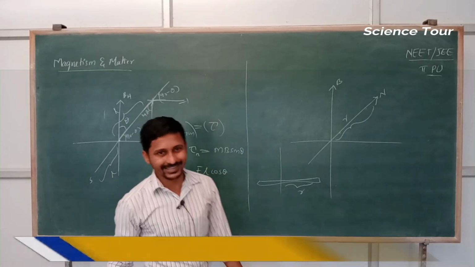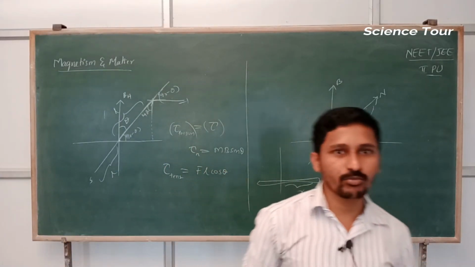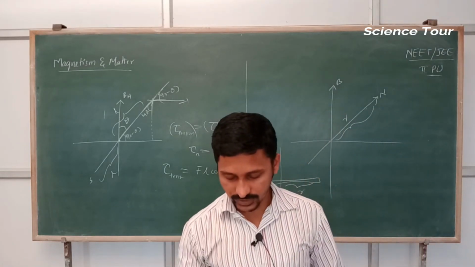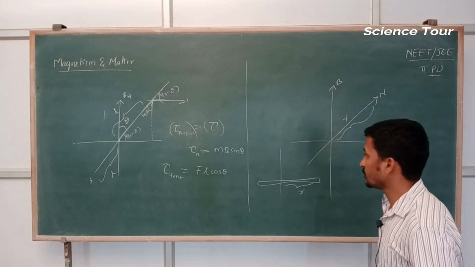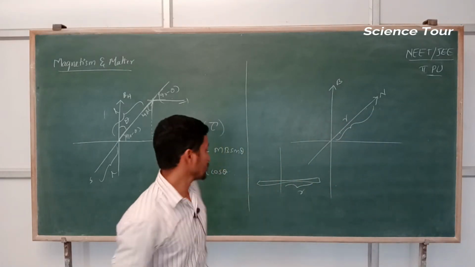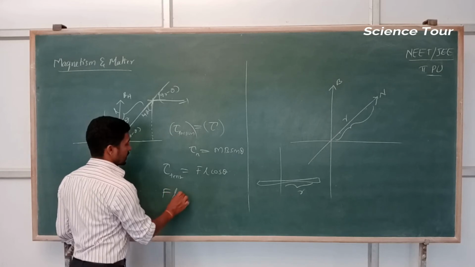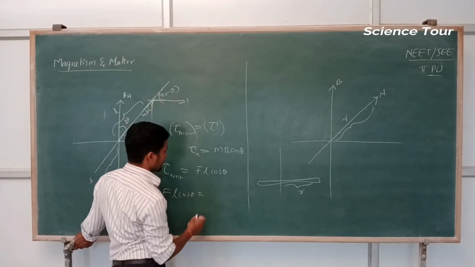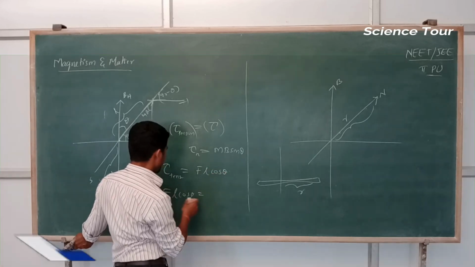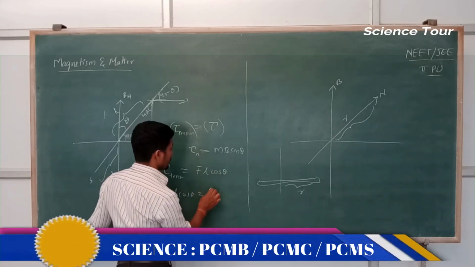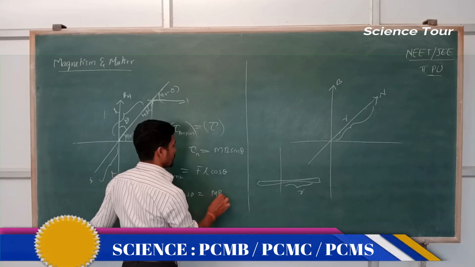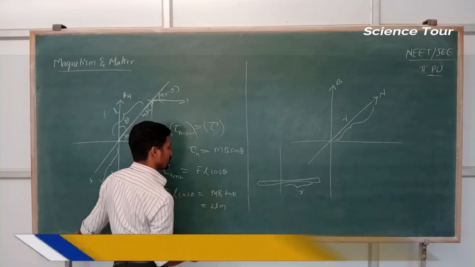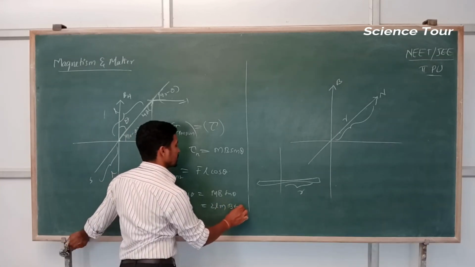The sign doesn't matter, negative or positive, like that we can take here. So we get F L cos theta, which at equilibrium is equal to m B sin theta, where m is nothing but 2L into the small letter m.